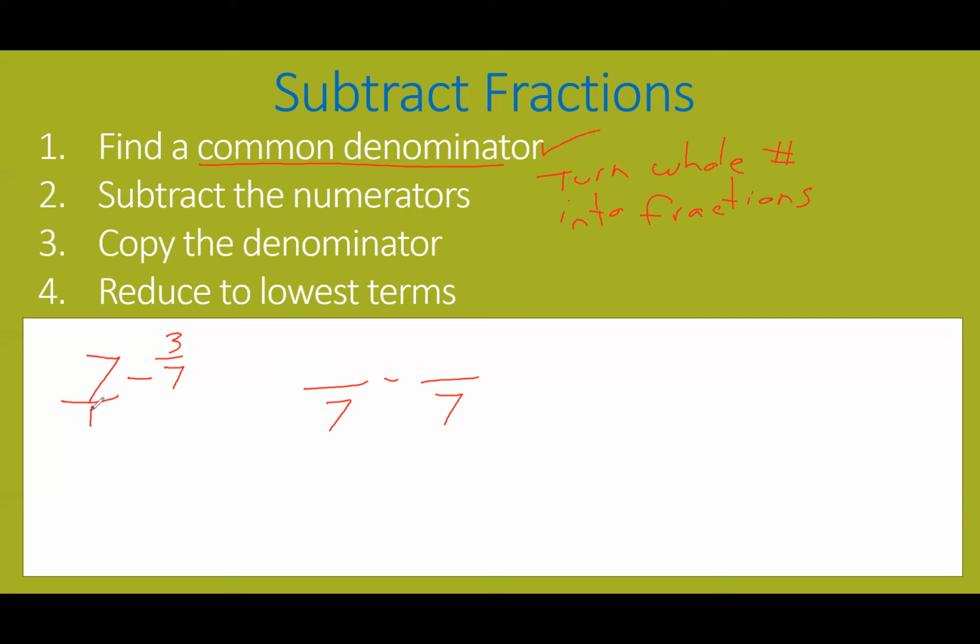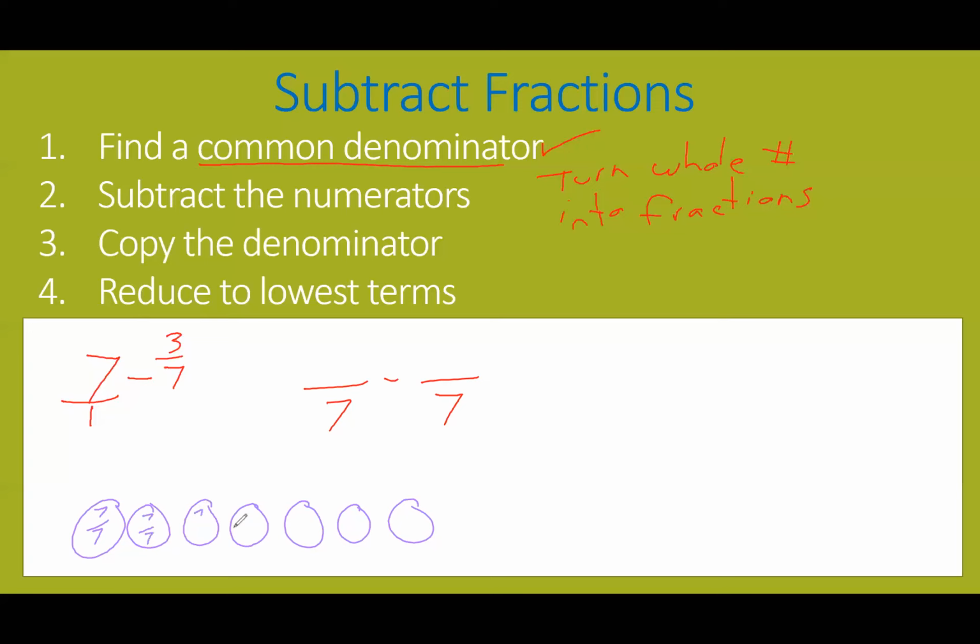Now, how do I turn this fraction of 7 wholes into sevenths? Now let's think about that. If I have 1, 2, 3, 4, 5, 6, I have 7 pizzas, right? 7 whole pizzas. But I want to cut those pizzas into sevenths. So this pizza is going to have 7 sevenths. And this one will have 7 sevenths.